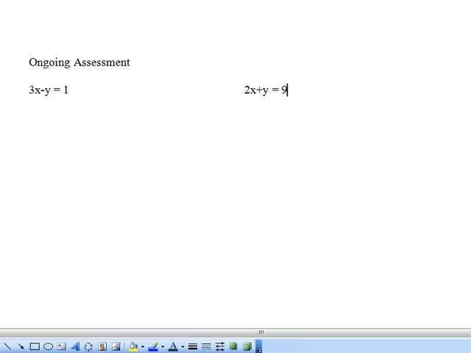So we're going to do the ongoing assessment together here. They gave us two equations, 3x minus y equals 1 and 2x plus y equals 9, and we're going to solve the system of equations using substitution. So the first thing I'm going to do is solve this equation over here for y. Okay, we're going to solve this one.